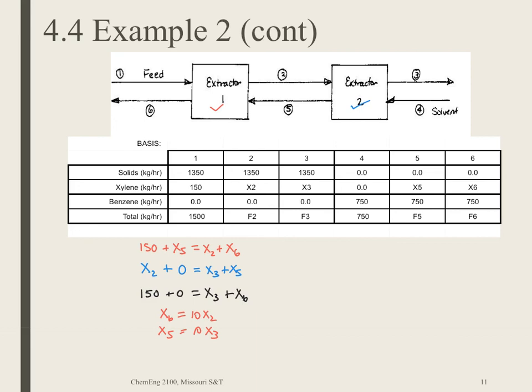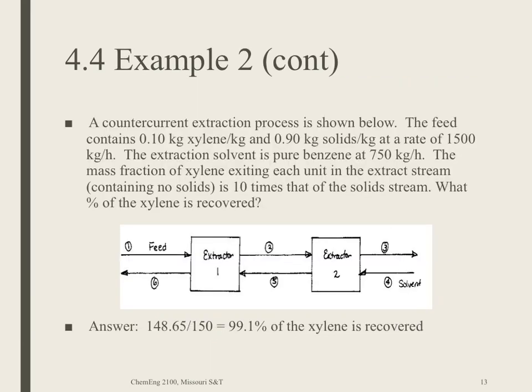So x2 equals x3 plus 10x3, meaning 11x3. x6 is going to be 10 times 11x3. We already have x5 equals 10x3. And so now I can use those to solve any one of these for x3. And I end up with same numbers as before, same results as before. Again, 99% of the xylene will be recovered.